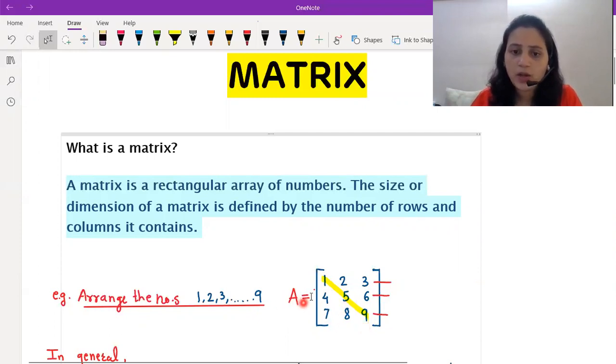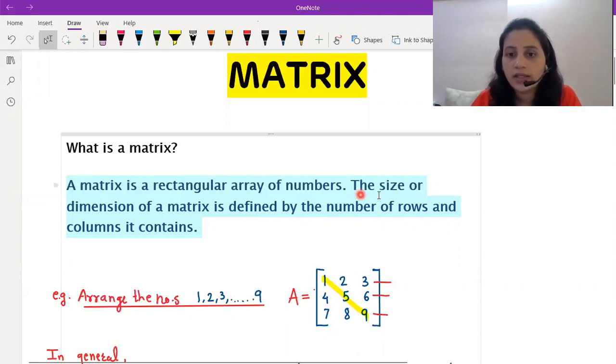Okay. Now a matrix is always represented by a capital letter, A, and all these numbers are called the elements of the matrix. So here my A is my matrix and 1, 2, 3, 4, 5, 6, 7, 8, 9 are the elements of the matrix A. Okay.